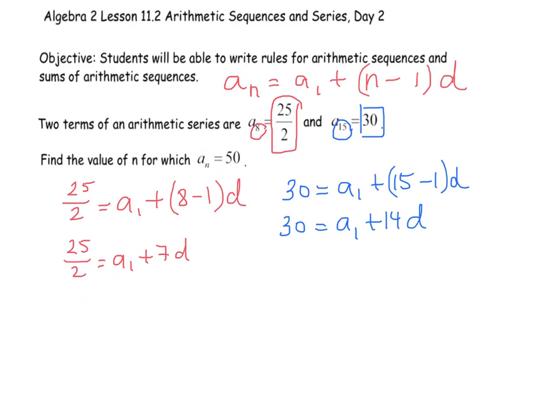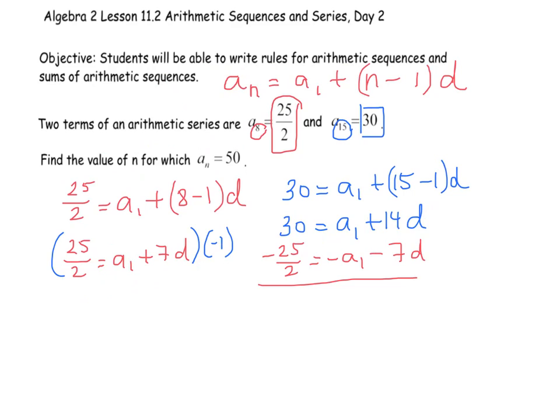So what I need to do is multiply the first equation by -1 and write it under the second equation. So I'm going to have -25 over 2 equals -a1 minus 7d.